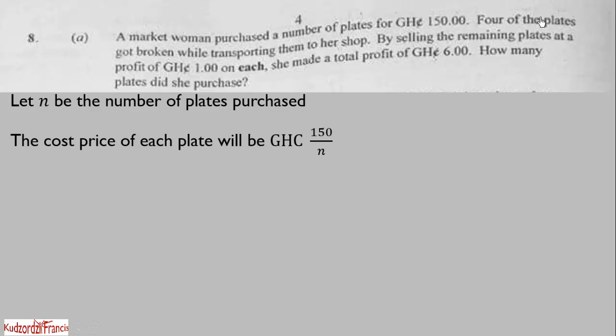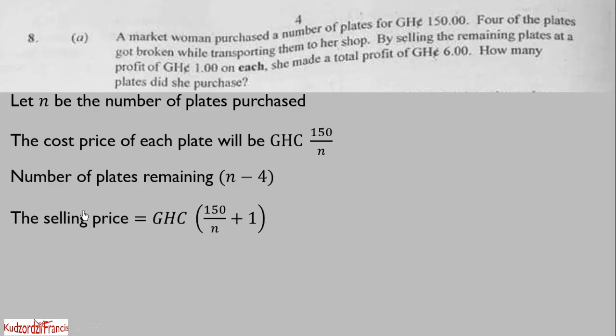Then we're told that 4 of the plates got broken, so we are left with n minus 4. By selling the remaining plates at a profit of 1 cedi on each, it means that we need to add 1 cedi to the cost of each so that we can get a profit of 1 cedi. So the selling price will be 150 over n plus 1 cedi.